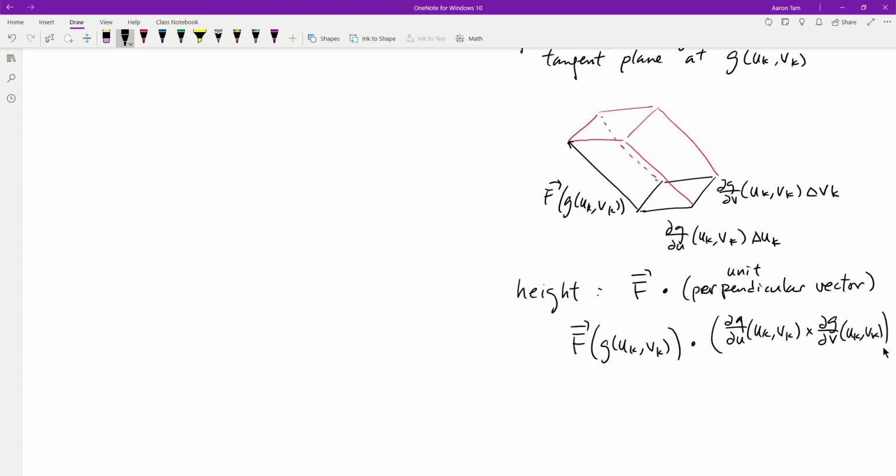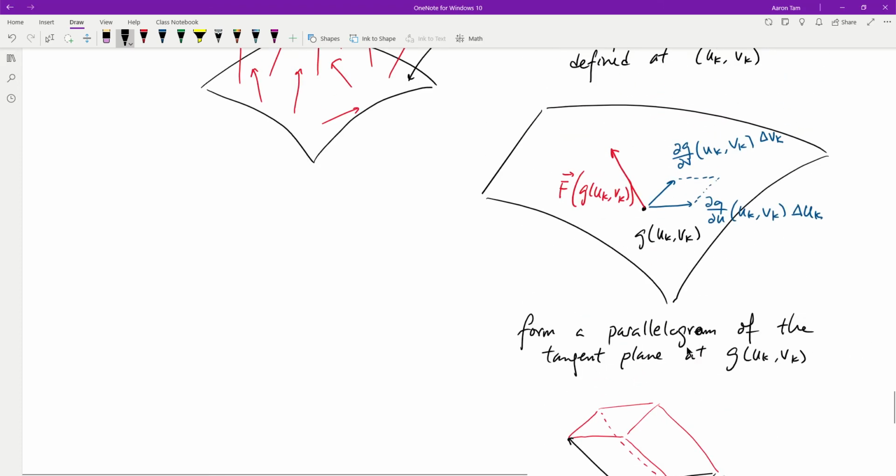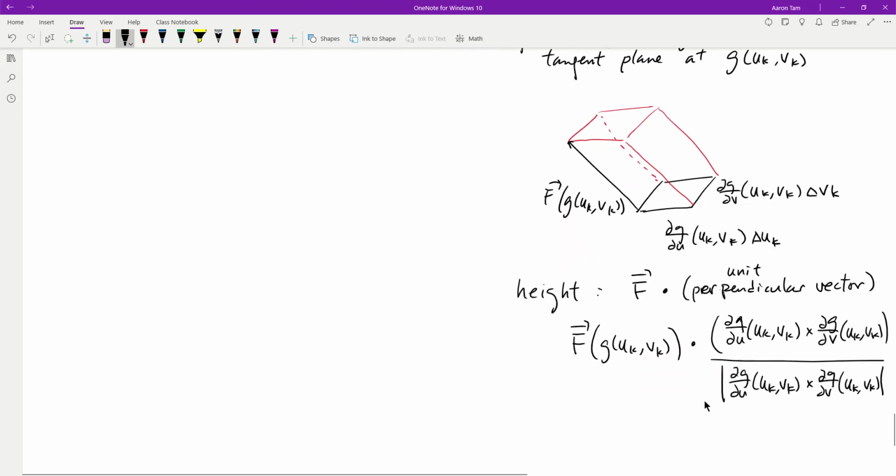But because I have to have a unit length, I have to divide by the length of this cross product. And hopefully some of you have a little deja vu, because yes, we've gone through almost the exact identical argument in line integral.